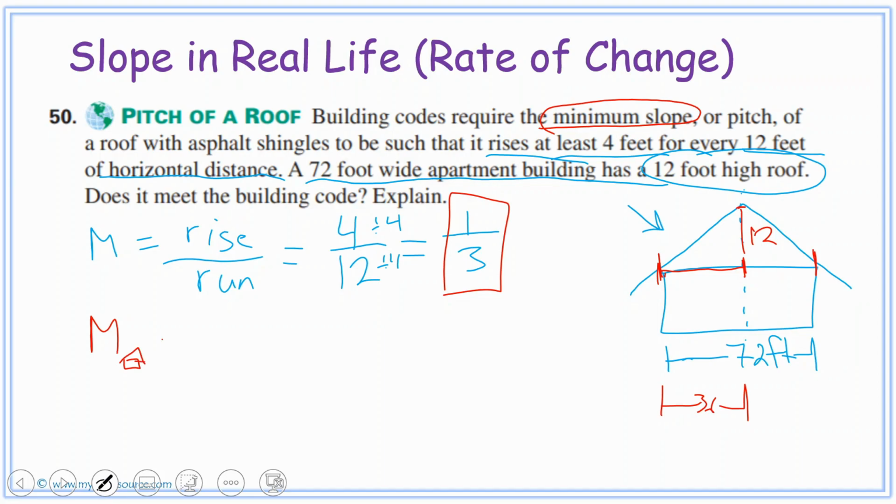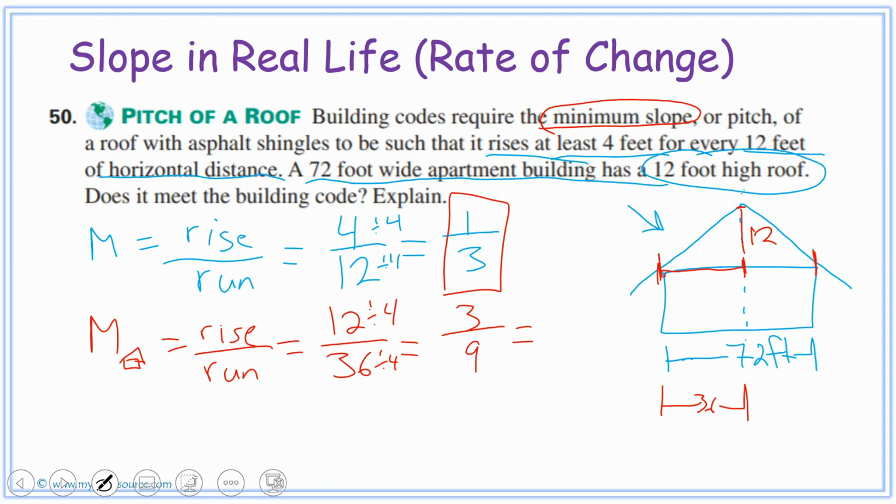We're going to call this m for the house. So m is equal to rise over run. What is our rise? Our rise is 12 feet, but our run is not 72, it's 36. We can do the same thing and divide by 4, which goes into both of these. 12 divided by 4 is 3, and 36 divided by 4 is 9.